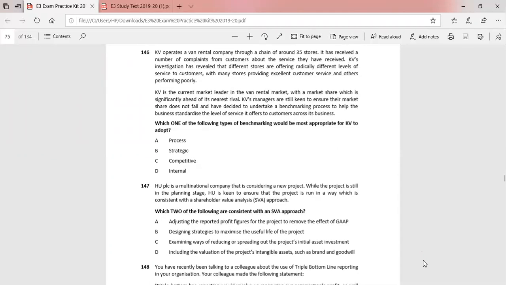Which one do you think is the most appropriate benchmarking here? What happened? No response. Guesswork at least, something, please answer.